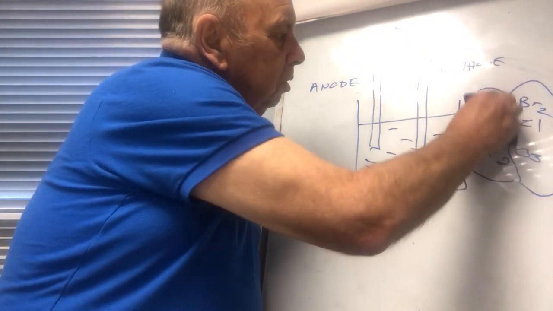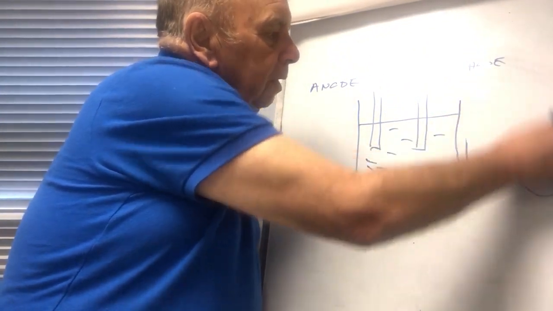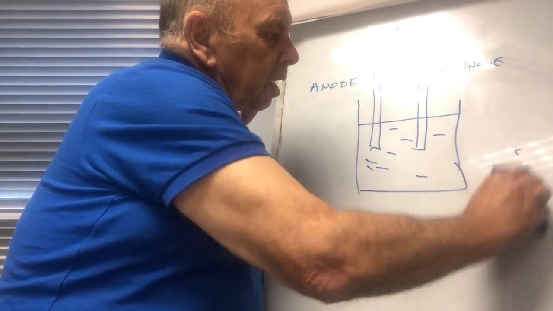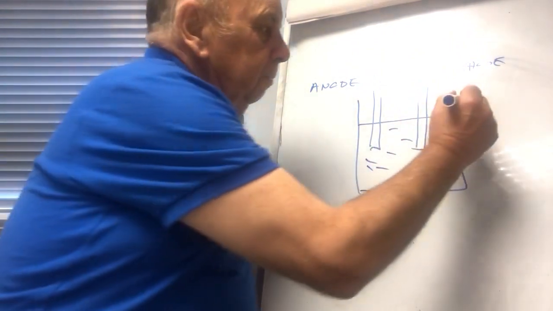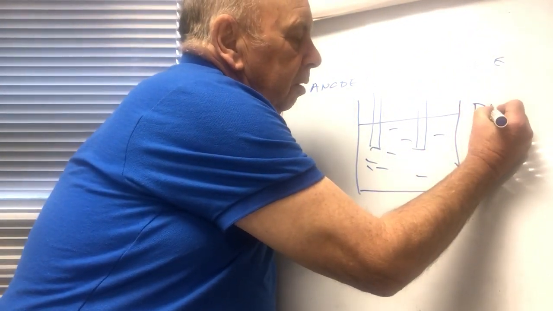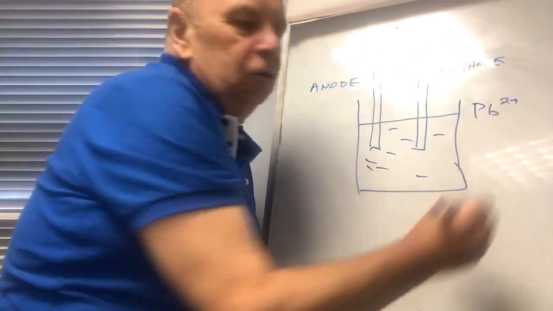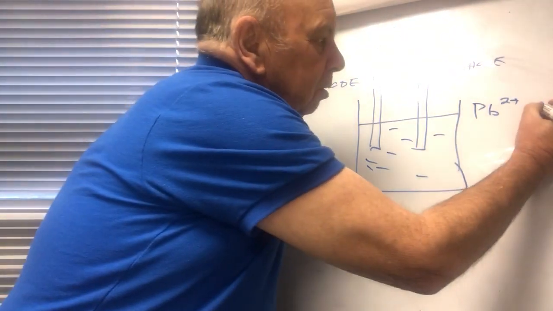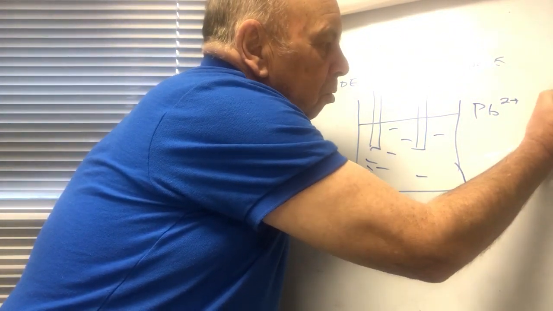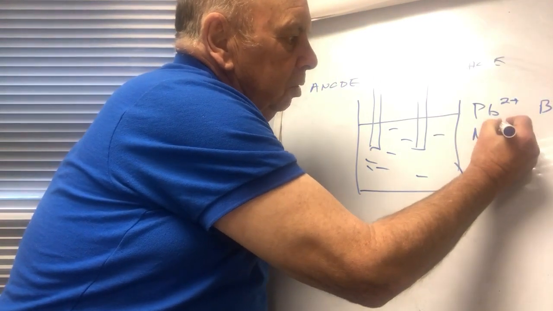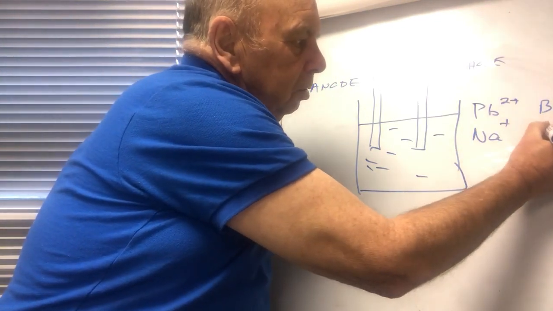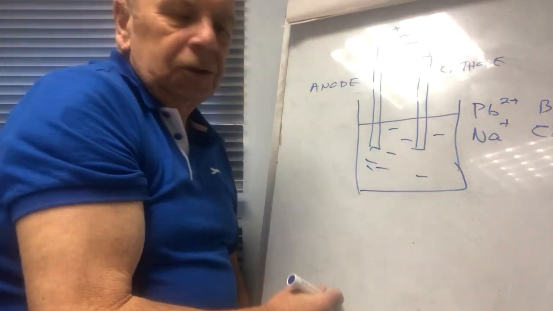I'm going to look at them again. Let's look at lead bromide in a molten state. It has Pb2+ ions and bromide minus ions. Sodium chloride has sodium ions and chloride ions.